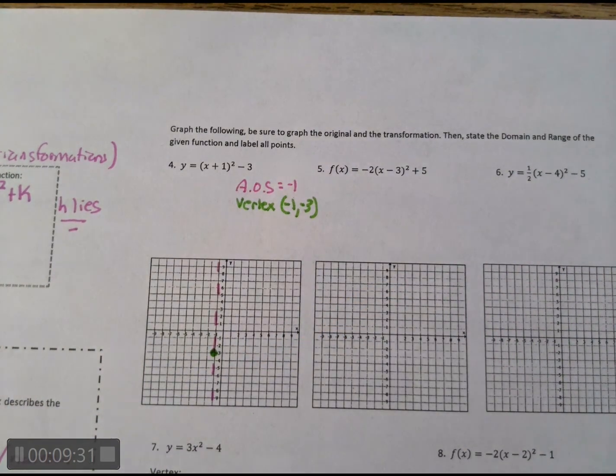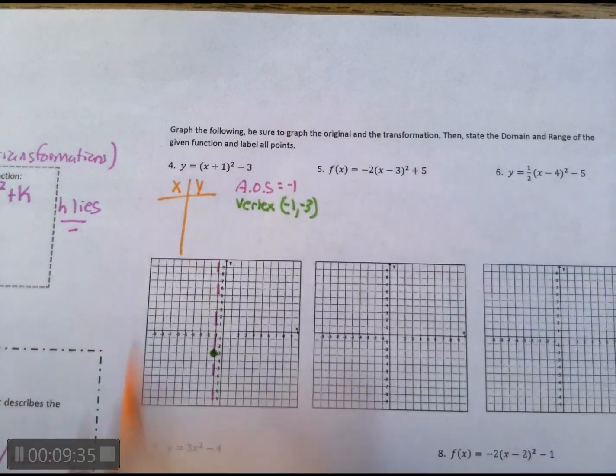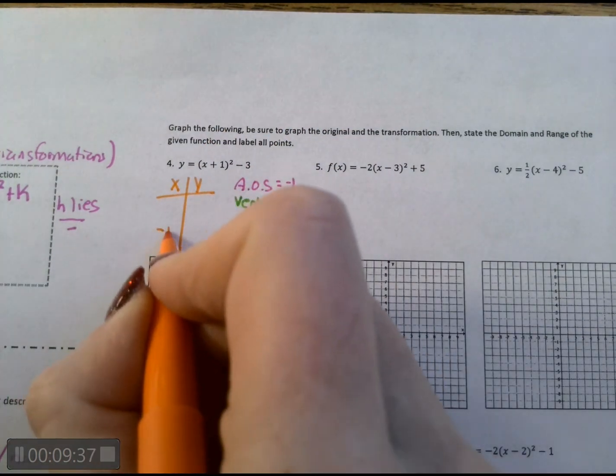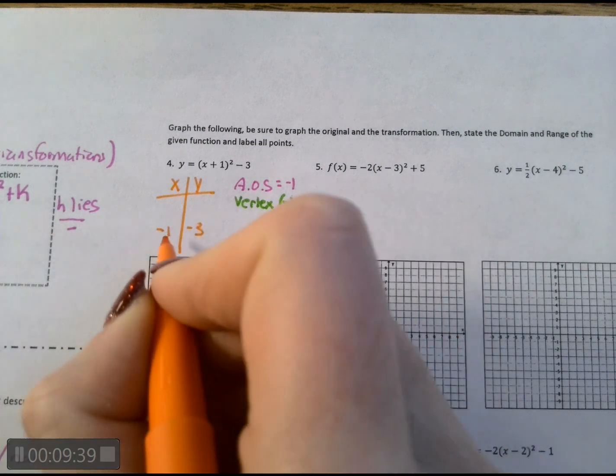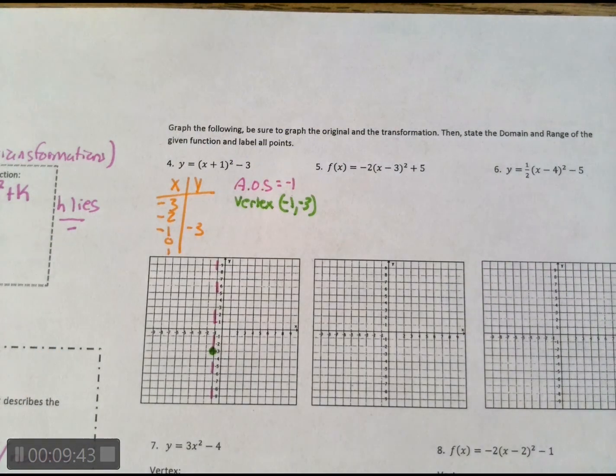And then all you have to do is make your x, y table of values with -1, -3 in the middle. This is where we would grab our handy dandy calculator and put it into our table of values.